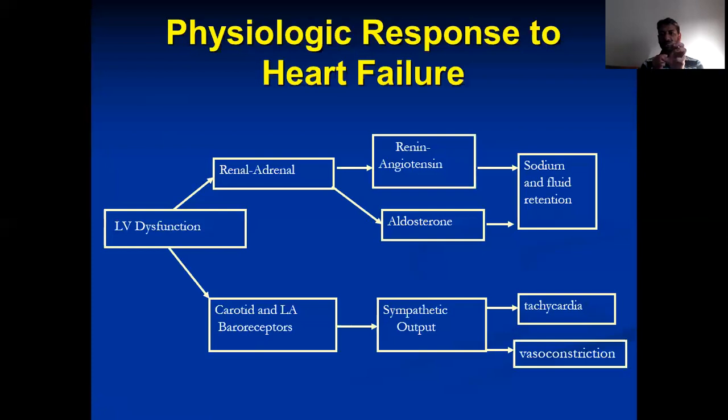Because once the heart is failing, it's not only leading to hypoperfusion of the peripheral organs, but also an increase in end diastolic volume and stretching of the myocardium. And these all lead, in a second step, to renin, angiotensin, aldosterone, and increased sympathetic activity, which ultimately leads to sodium and fluid retention.